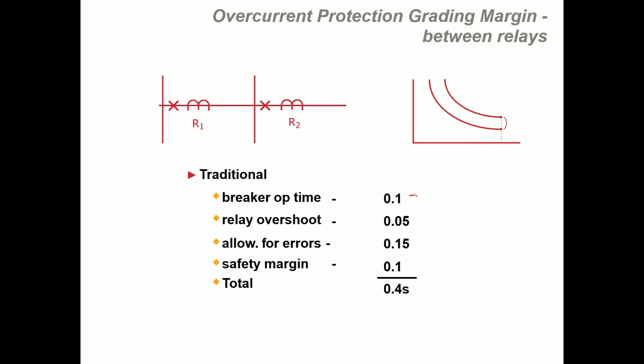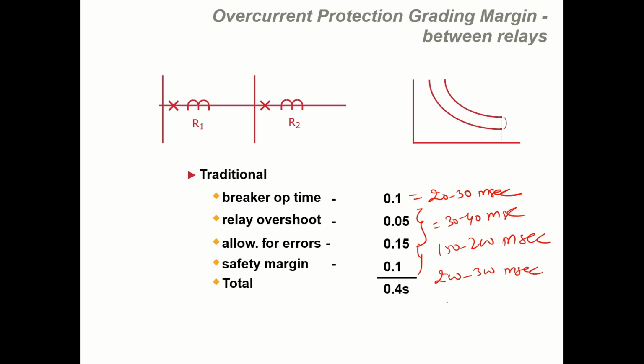Nowadays breaker opening time is generally in the range of 20 to 30 milliseconds. For other things you can consider 30 to 40 milliseconds, and a safety margin of 150 to 200 milliseconds may be considered for a numerical relay. This comes to approximately 200 to 300 milliseconds as grading margin, that means 0.2 to 0.3 seconds.